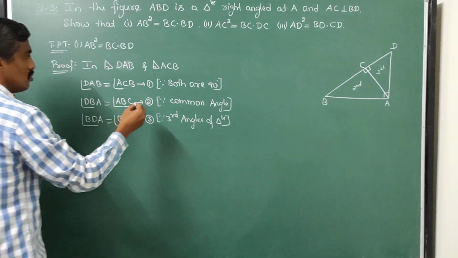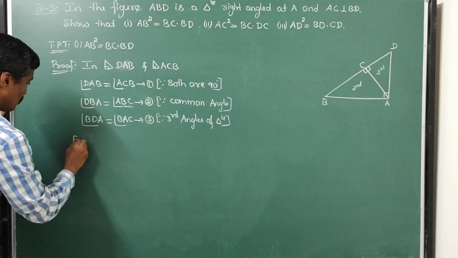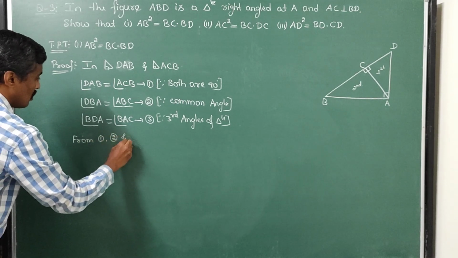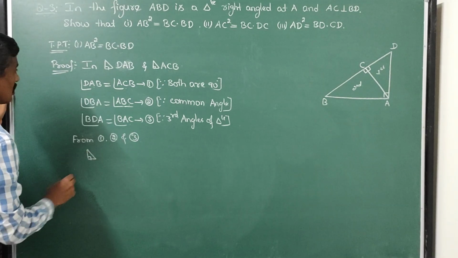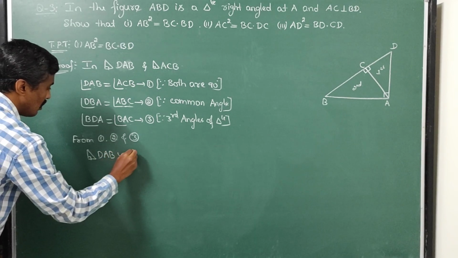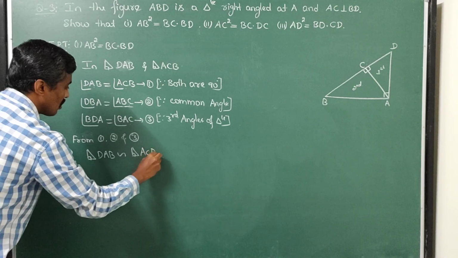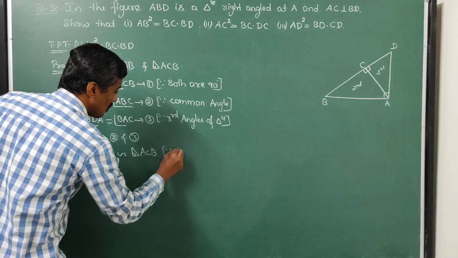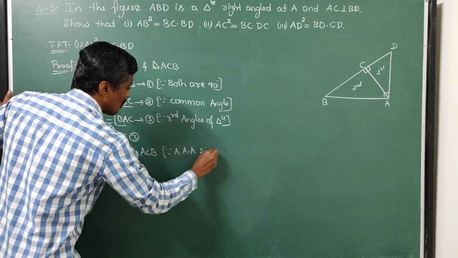So from the above 3 points, 1, 2 and 3, we can say that triangle DAB is similar to triangle ACB, because it satisfies the angle similarity criteria.